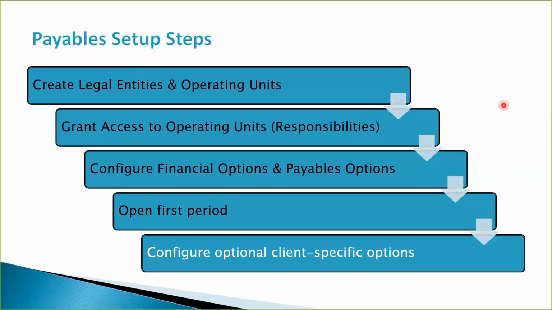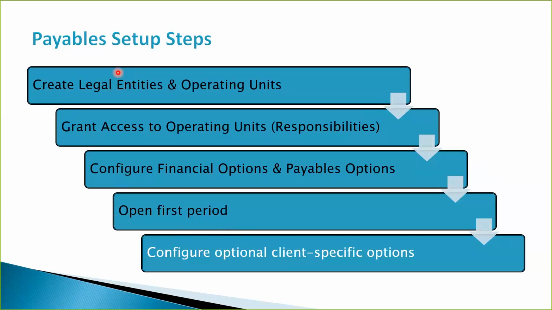I mean, for us, because we are learning, we are not doing this exactly as how it would be done in a project. So these are things, for example, in an actual implementation where you have to do a lot of information gathering and requirements gathering before any setup can be done, all right? But now, with the client-specific options, the good thing is that you can change them once you have a working AP module, right?